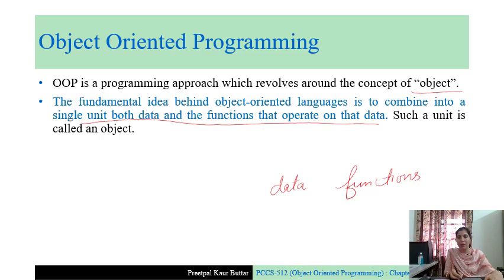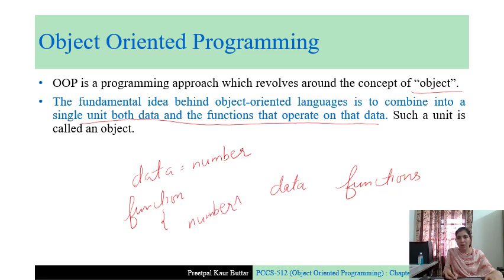For example, you write a program to calculate the square of a number. Okay, so in this program, the data is the number whose square you have to calculate, and the function is responsible for calculating the square of the number.